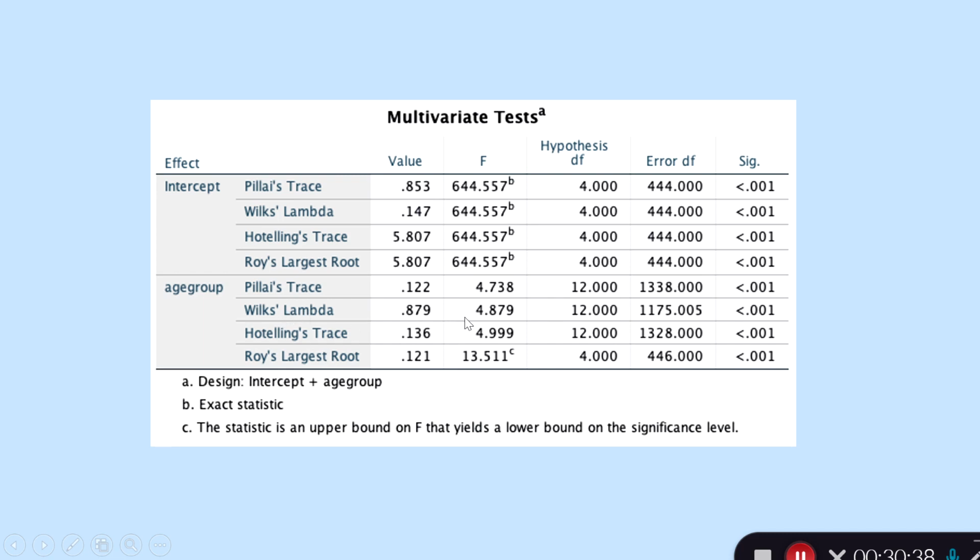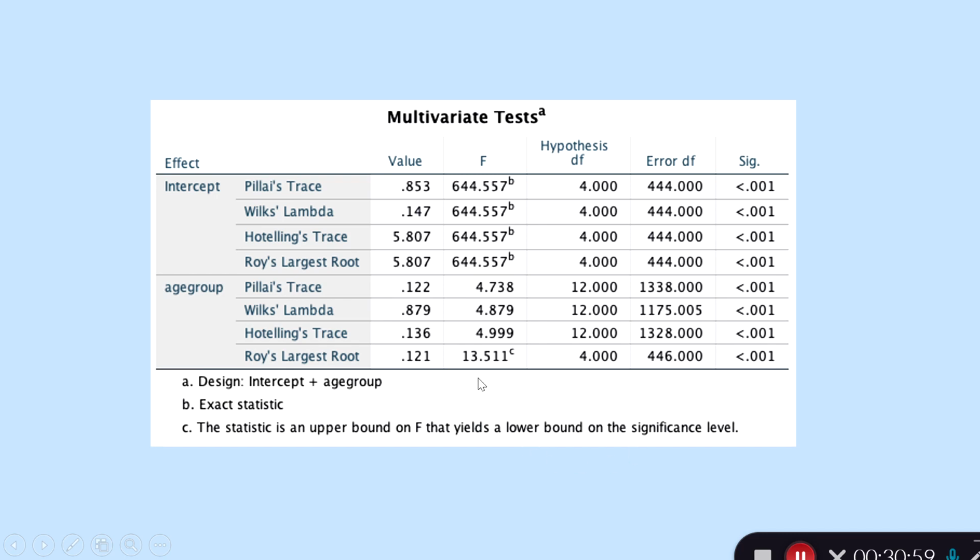Wilks' lambda gives us an F value of 4.879, 12 and 1175.005 degrees of freedom, and p is less than 0.001. Hotelling's trace gives an F value of 4.999, 12 and 1328 degrees of freedom, p is less than 0.001.